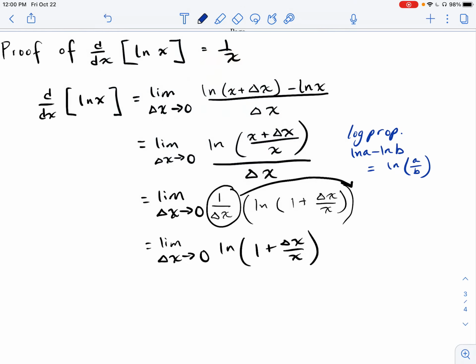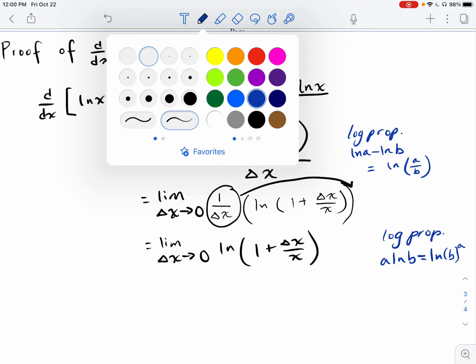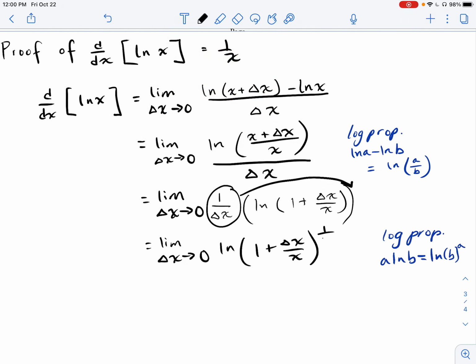That's another log property. The other log property that we're using here is that a times the natural log of b is equal to the natural log of b to the a power. So I'm rewriting that as 1 over delta x, which is now a power of my argument, 1 plus delta x over x.